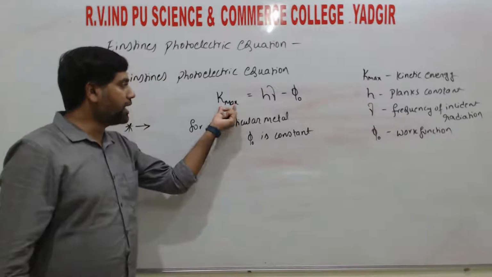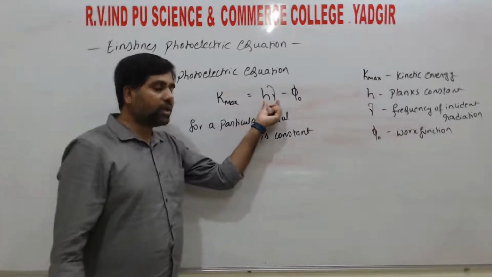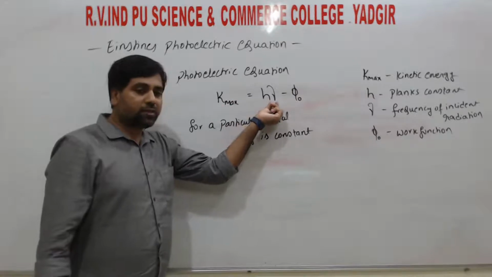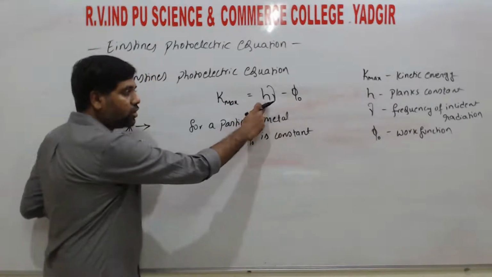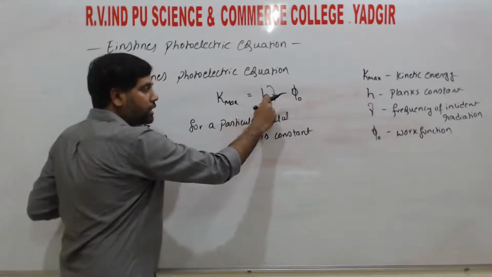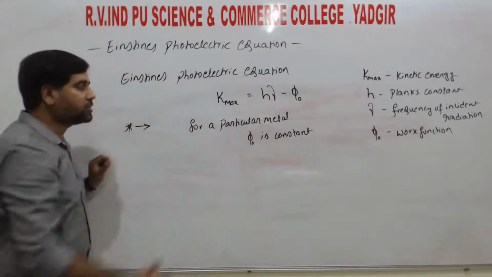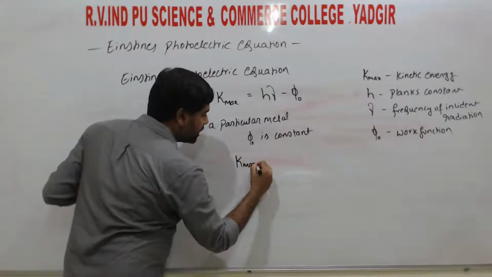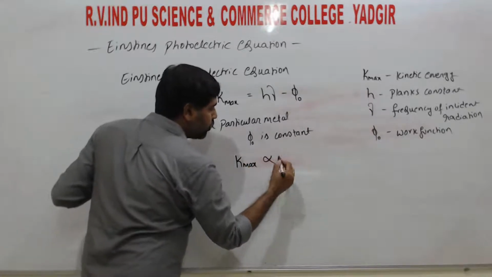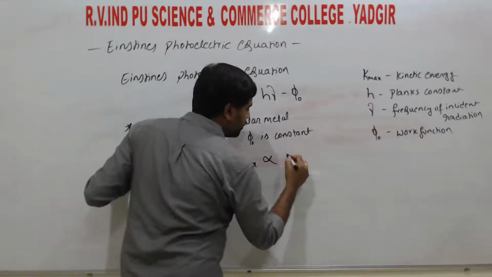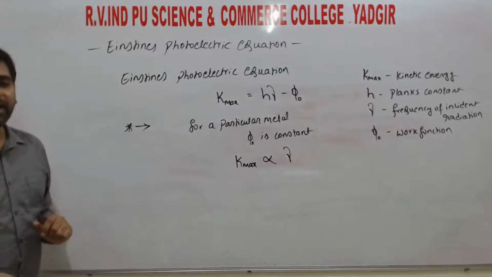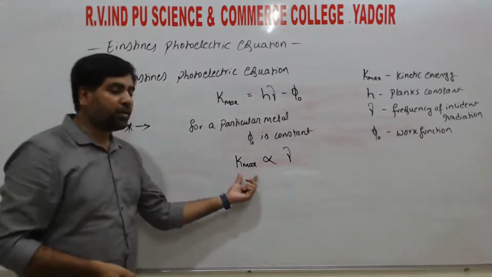Hence if we write the relation, K maximum is equal to h nu, that is K maximum relates with the nu, because h is also a constant, the Planck's constant. So kinetic energy of the electron is proportional to the nu, that is the frequency of the incident radiation, right? So this one is the first point.